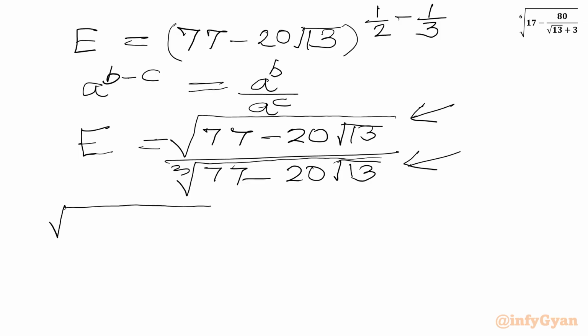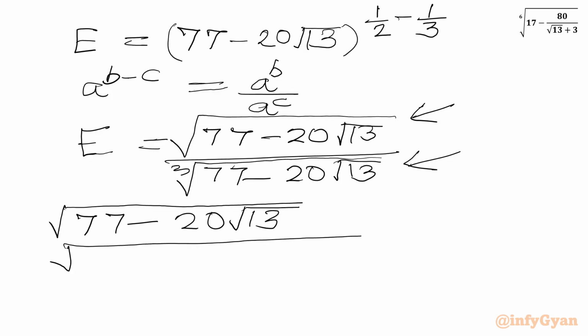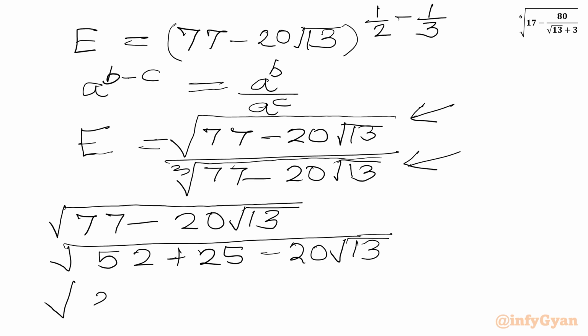So I can write square root of 77 minus 20 square root 13. Let's say split 77 as 52 plus 25, minus 20 square root 13. Now we can write 52 as (2 square root 13) whole square, 4 times 13 is 52, plus 5 whole square, minus 20 square root 13.